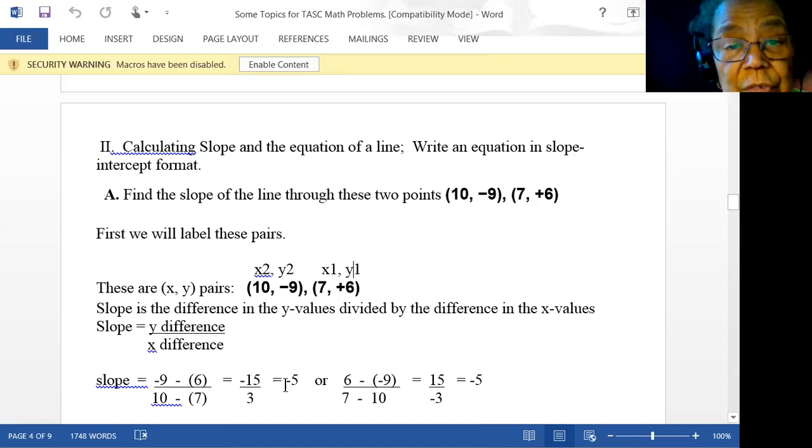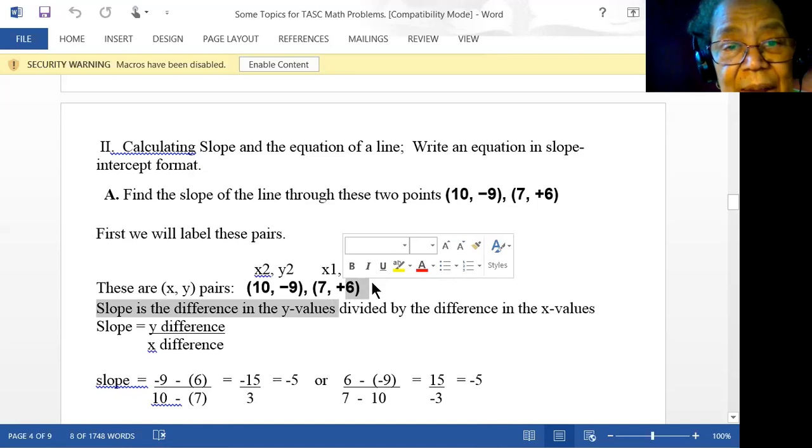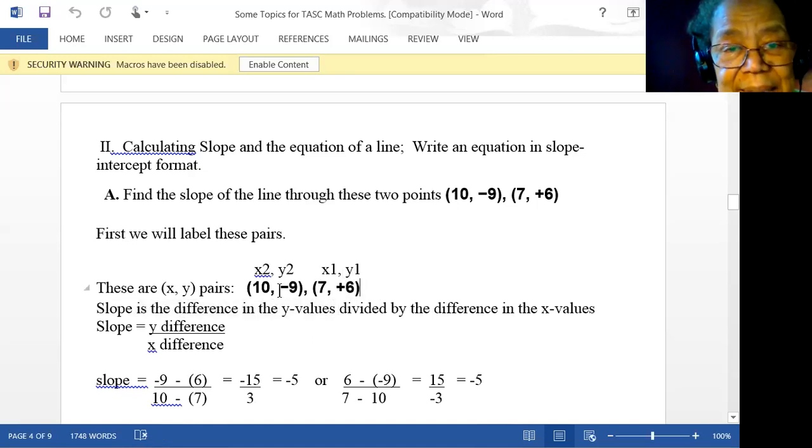You also could have done it the other way. You could have said the y is 6, right here is 6, minus a minus 9. And the x is 7 minus 10, which is what we have here. 6 minus a minus 9 is really 6 plus 9, which is plus 15. 7 minus 10, subtract, is minus 3. 15 divided by minus 3 is minus 5.